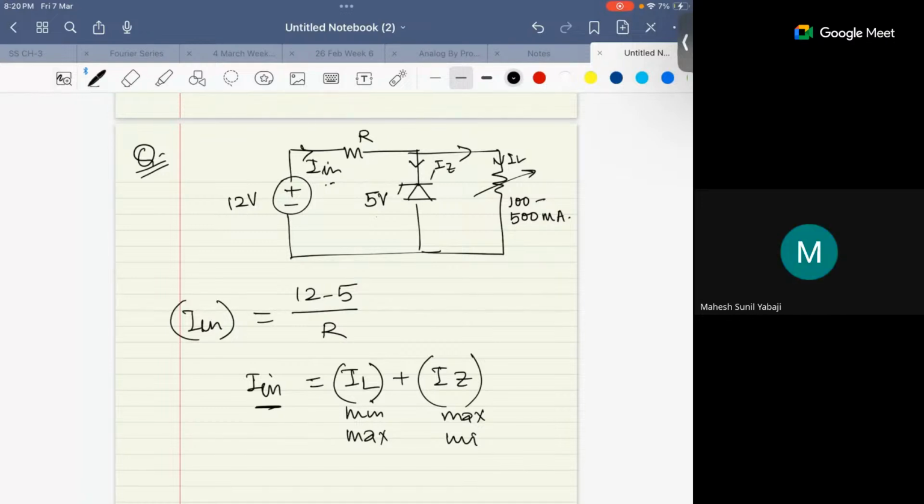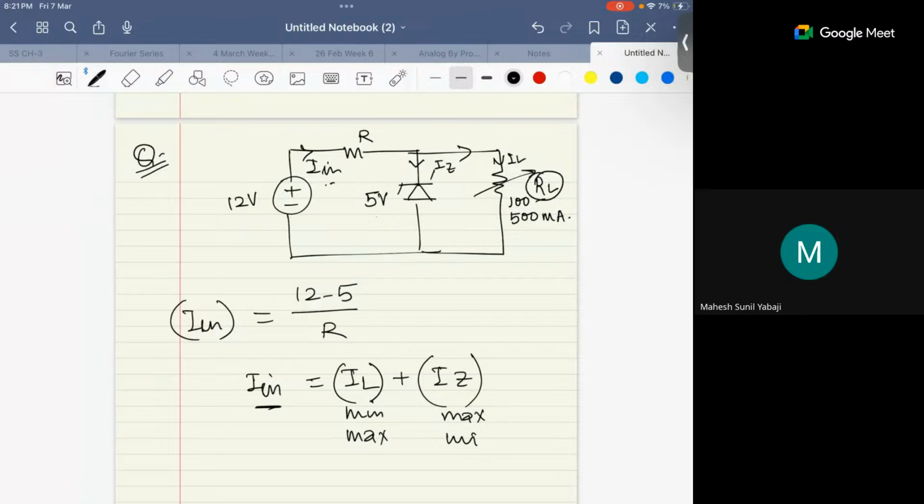Okay. Now, what will be the range of IR? Can somebody tell me the range of this RL first? The current IL across this load resistance, the minimum and maximum value is already given. You have been told that this Zener diode is working in reverse bias with breakdown.